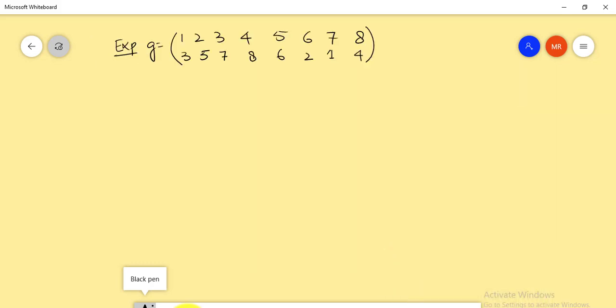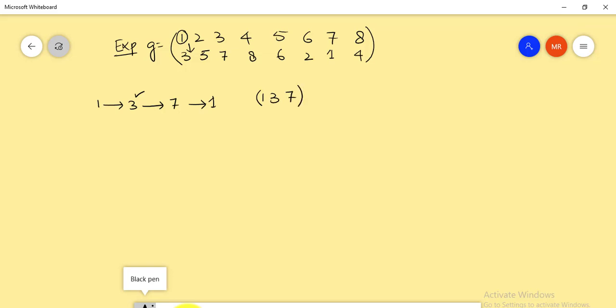As an example, if we consider this permutation, then we start with symbol 1 and we find its image. The image of 1 is 3. Then we look for the image of 3, which is 7. Then the image of 7, which is 1. Hence, in cycle form, this can be written as 1, 3, 7.